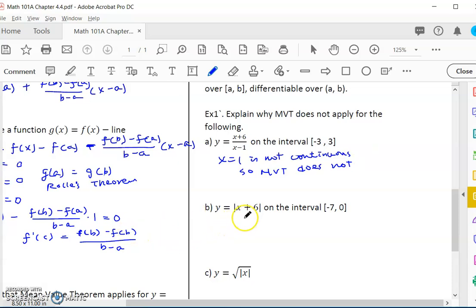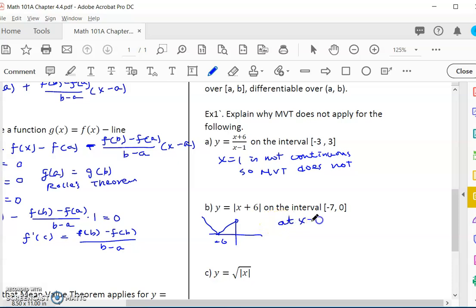The next one, y is the absolute value of x plus 6 on the interval -7, 0. So we know that this is an absolute value function, and also it's shifted to the left by 6. So it's a V-shaped graph with its corner at -6, right?